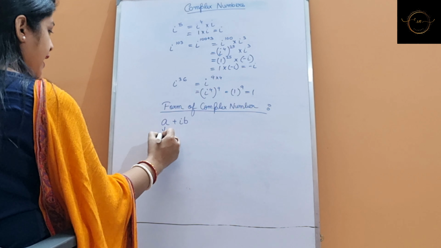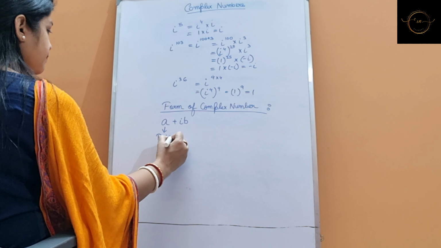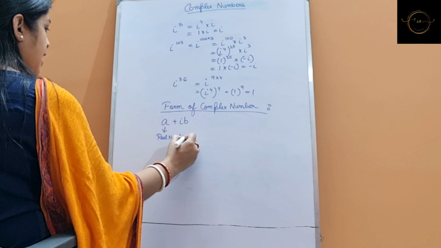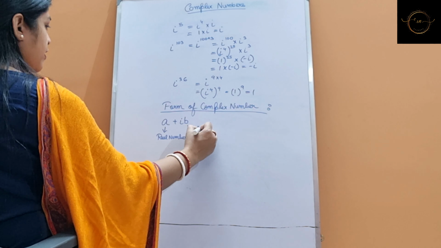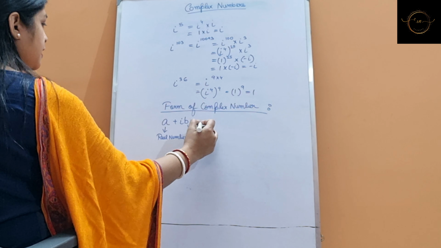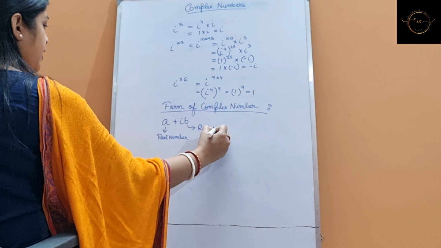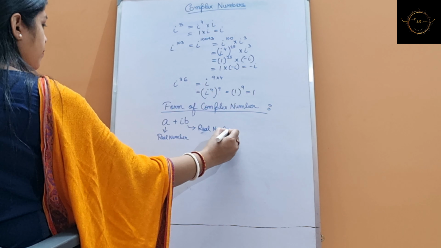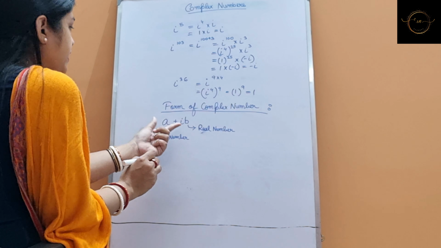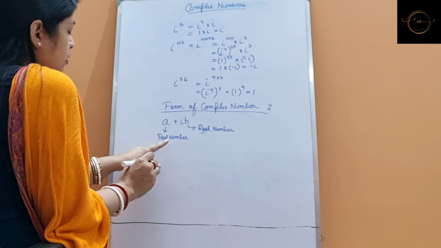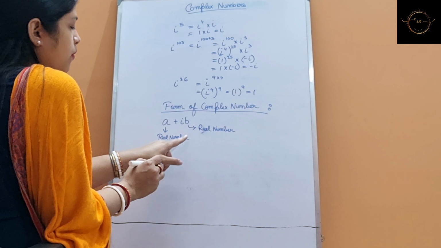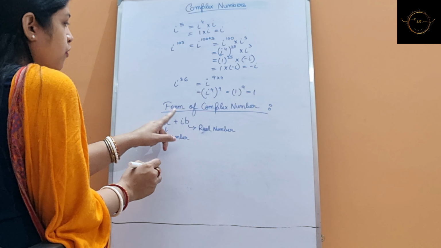What is a? a will be a real number, i, and what will be b? b will also be a real number. But the twist in this number is that you may say both are real numbers, so why is it written in this addition form?